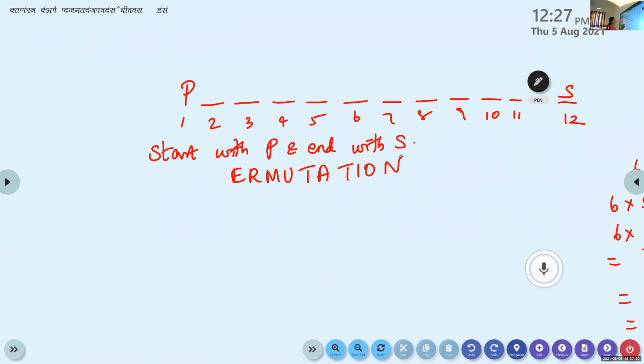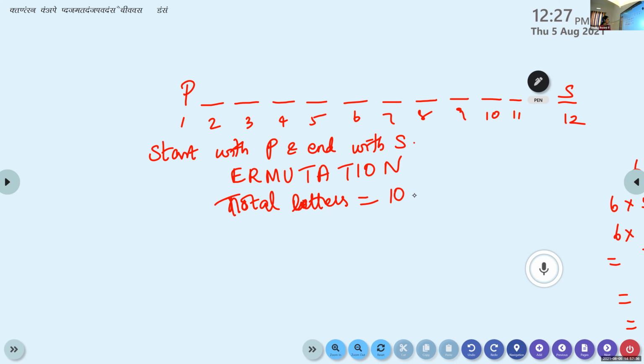So now look here, how many letters are here? Total letters are 12. We are subtracting 2, so it will be 10. Now we have to look at the arrangement of only these 10 letters.